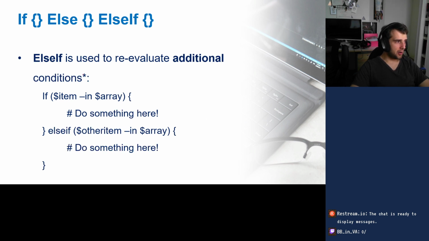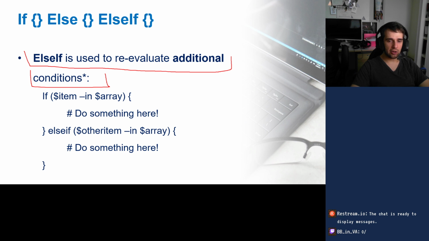All right, so like I said, the else if is used to reevaluate additional conditions. What I mean by that is essentially you can have multiple else if statements to evaluate other specific conditions. A good example is we have an item in an array, do something here, or we have another item in an array.